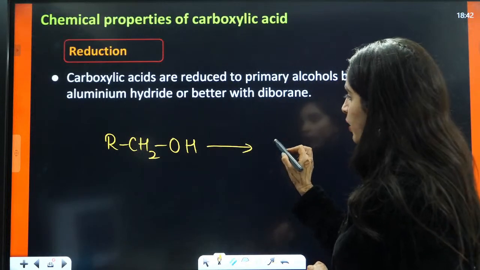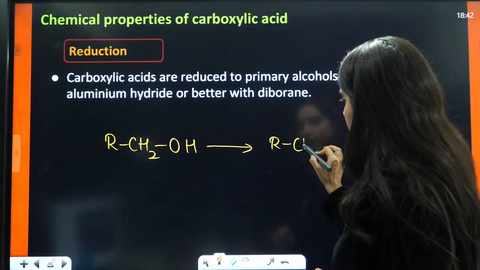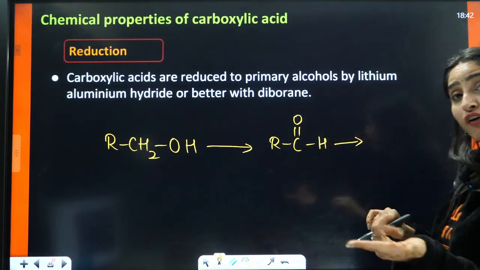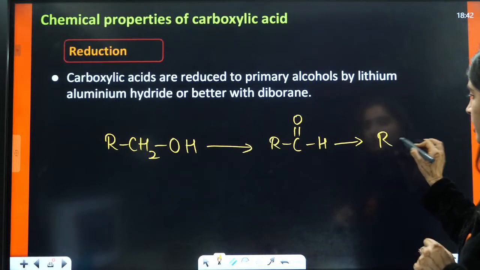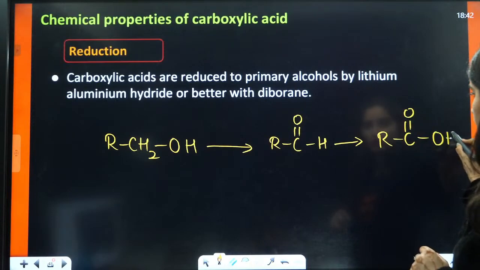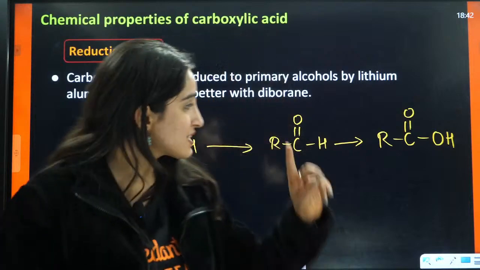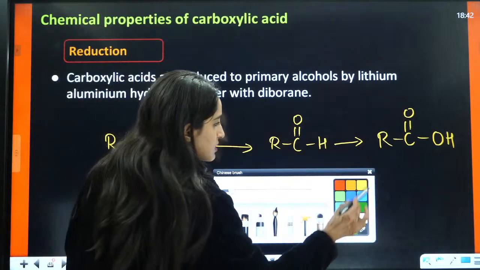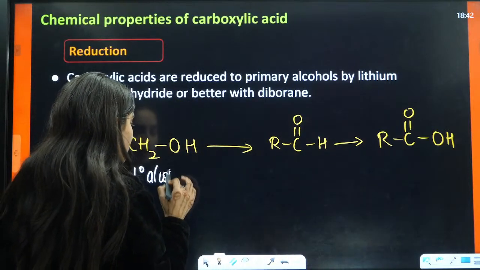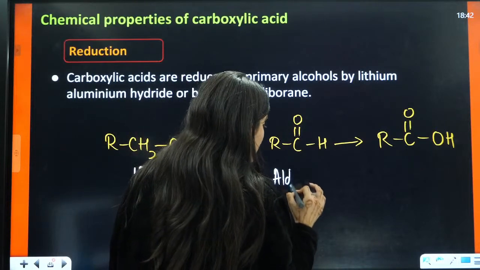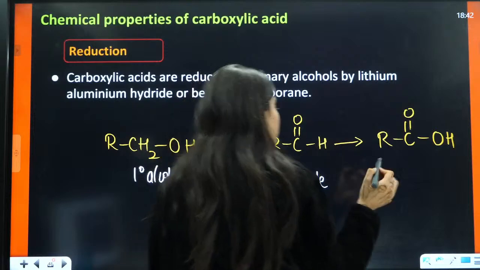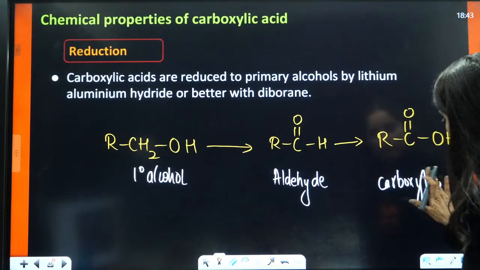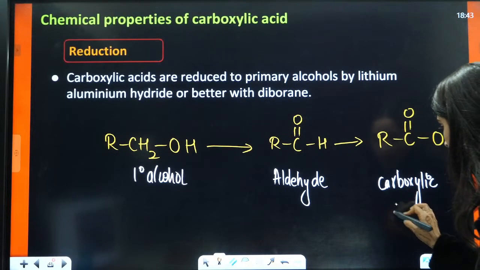Here, this CH2OH is converted to C double bond O, and this is H. Now, with further oxidation, this H is converted to OH, right? This primary alcohol is converted to aldehyde, which on further oxidation is converted to carboxylic acid.